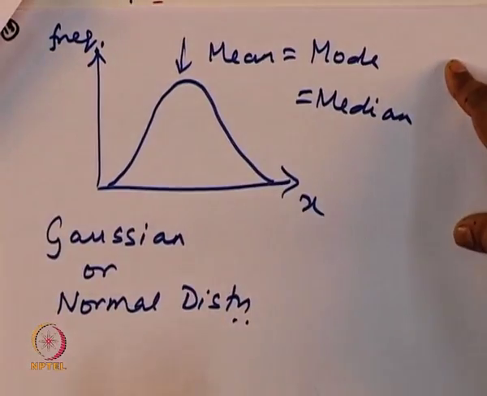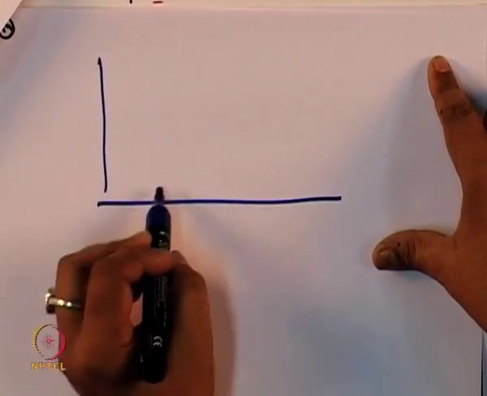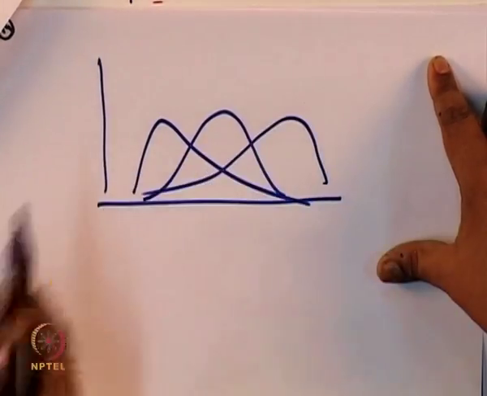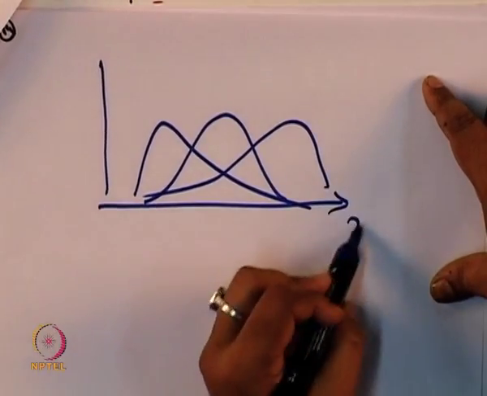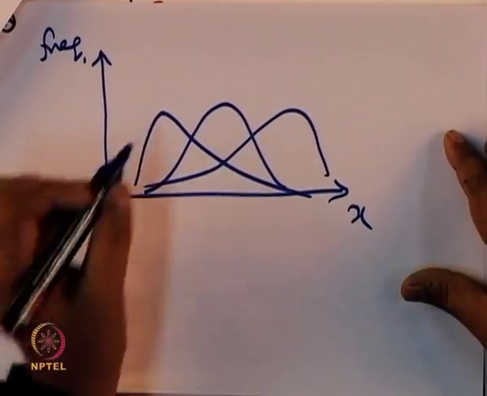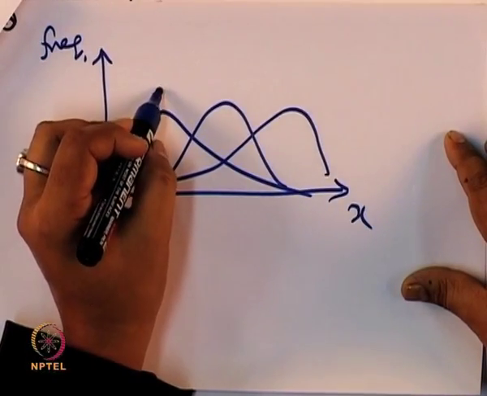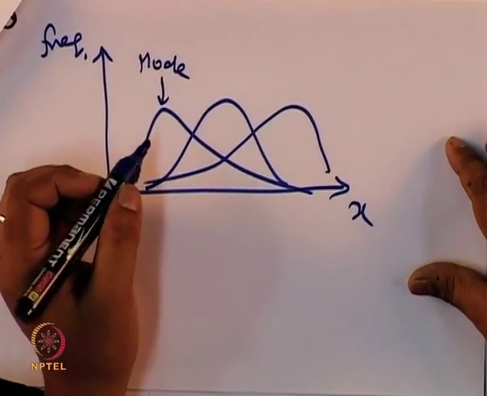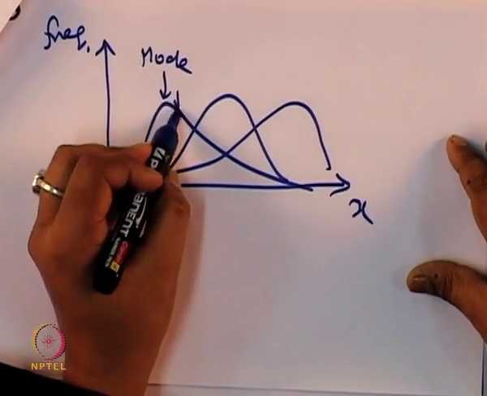But for all other cases, in general, your data might look like this or like this. Okay. So, this is x and this is frequency. In this case, for example, let us say this is my mode. My median is right in the middle, probably somewhere here.